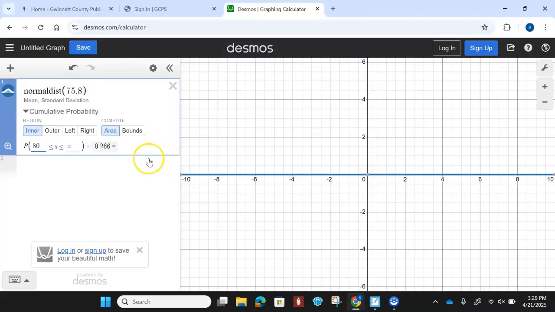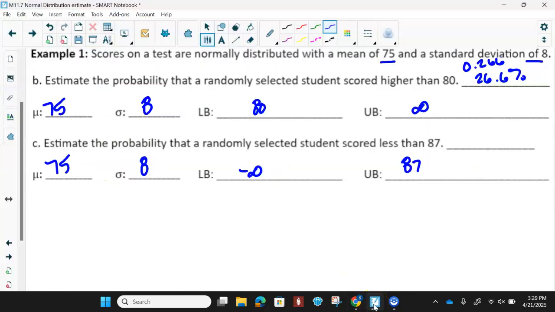So again, we've already got this set up, and then we're going to put here our 87. Notice how it automatically goes here, that lower amount, to negative infinity. So here's our probability, 0.933 or 93.3%. So again, here, that's how we're going to calculate.